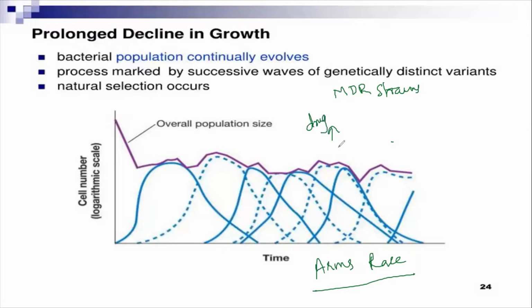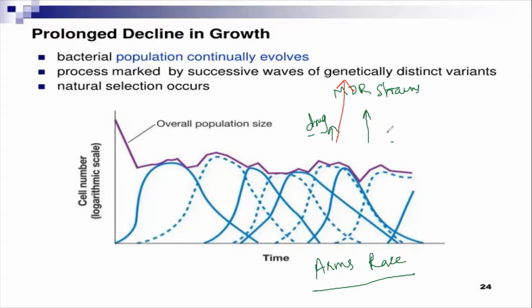Correct? So what is happening now? Even they have evolved. Now my drug is not able to kill them. They have evolved. Again, those infections are coming. What is the next step then? I'm going to make a drug in such a way that it is going to kill this particular bacteria. So now I have come ahead. Now what will happen?